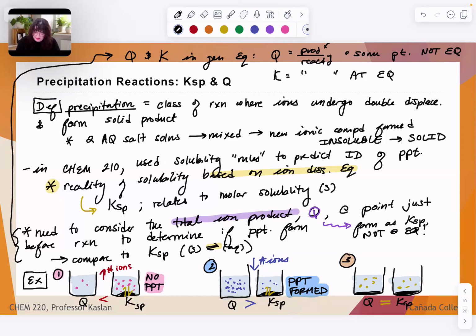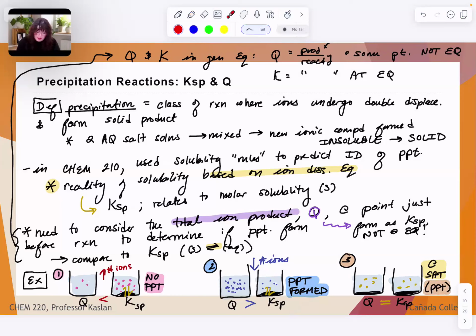So yes, I see a precipitation occur, but that's because I am at saturation. So there is a precipitate, but that's because if Q is equal to K, I am at that saturation equilibrium point. So we are at saturation. And so we would begin to see the first traces of solid begin to form.